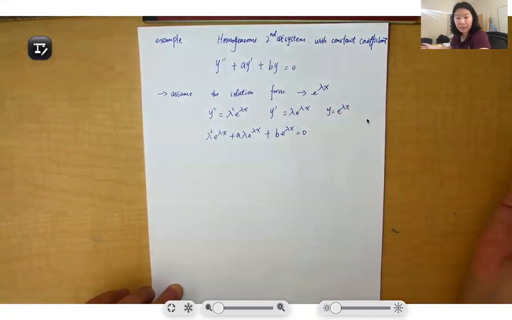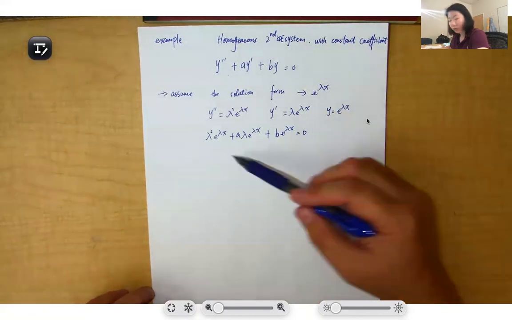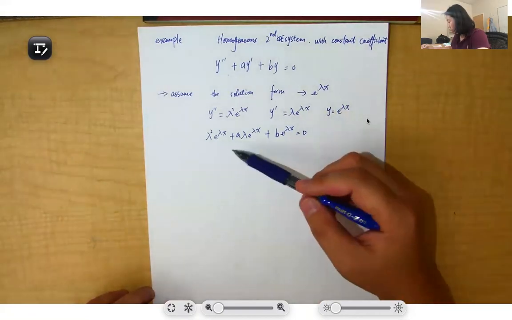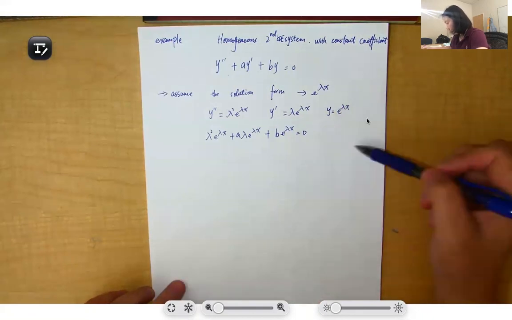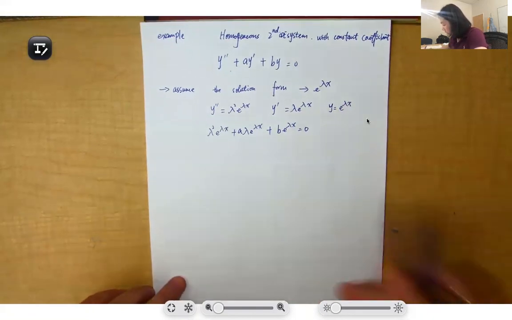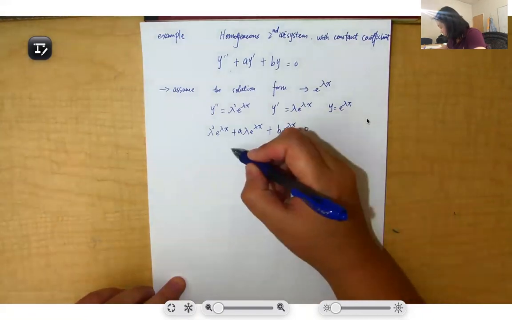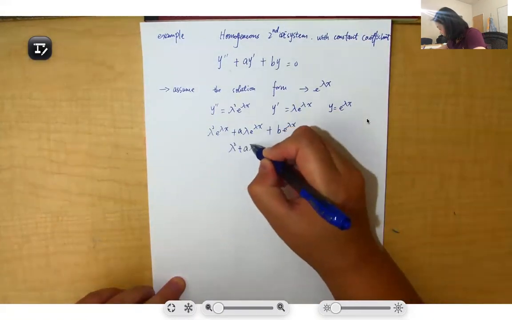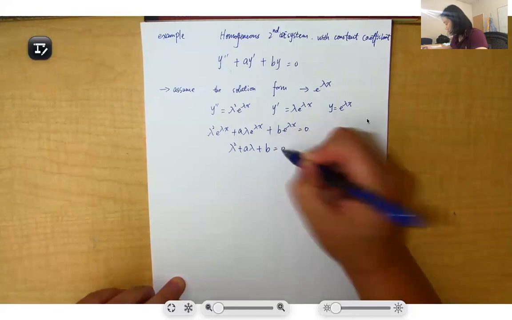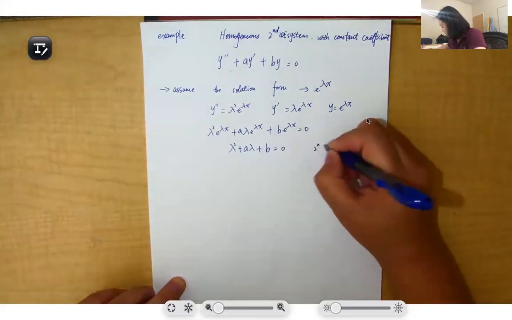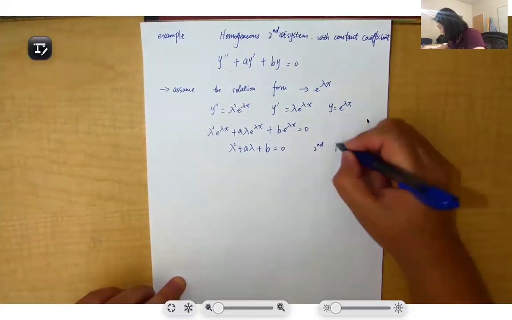And you know that the exponential function won't be 0, so we can cancel the exponential part from the left and the right, which is 0 on the right. So the left side will leave a polynomial in the end, which is lambda squared plus a lambda plus b equals 0.